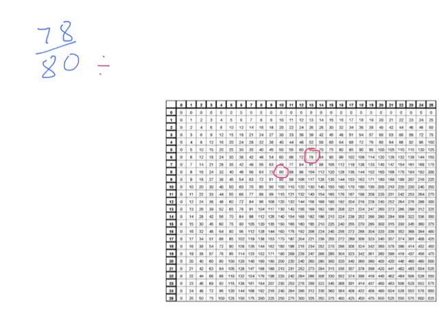But if you try it for 78, it won't work, because if you look at the multiples of 8, you cannot find the number 78 in there. So 8 goes into 72 9 times, and 8 goes into 80 10 times, but there's no 78 in there. So definitely 8 cannot go into 78 equally. So that won't work either.